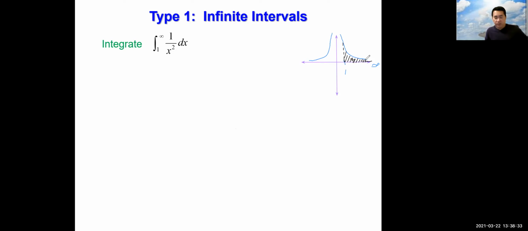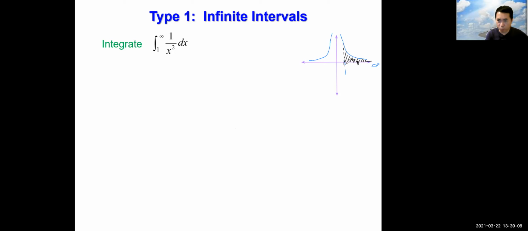Now we have a challenge here. First, because infinity is the upper limit, you cannot use the fundamental theorem of calculus directly, since the upper limit is not even a number. Okay. So the way we do it is, instead of going from 1 to infinity, which I cannot do directly, we go from 1 to an arbitrary b.